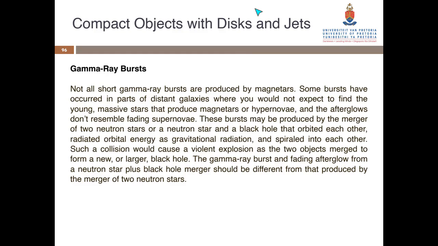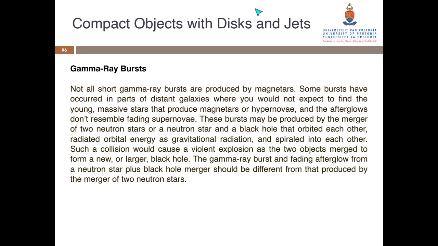Some bursts have occurred in parts of distant galaxies where you would not expect to find the young massive stars that produce magnetars or hypernovae. And the afterglows don't resemble fading supernovae. These bursts may be produced by the merger of two neutron stars, or a neutron star and a black hole, that orbited each other, radiated orbital energy as gravitational radiation, and spiraled into each other.